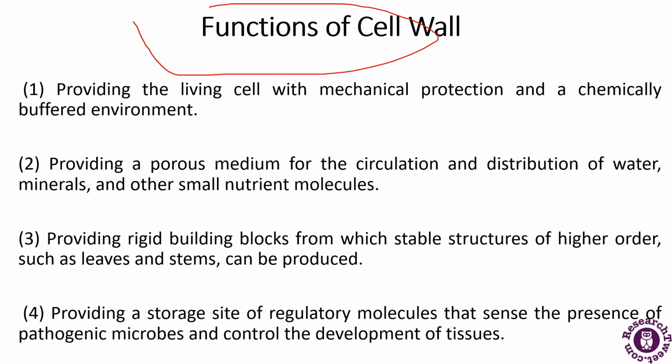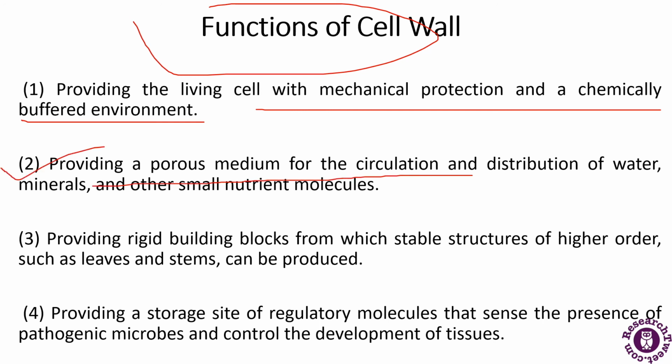First of all, the cell wall provides the living cells with mechanical protection and a chemically buffered environment. The plant cell wall provides definite shape, strength and rigidity, and protection against mechanical stress and physical shocks. It also provides a porous medium for the circulation and distribution of water, minerals and other nutrient molecules.